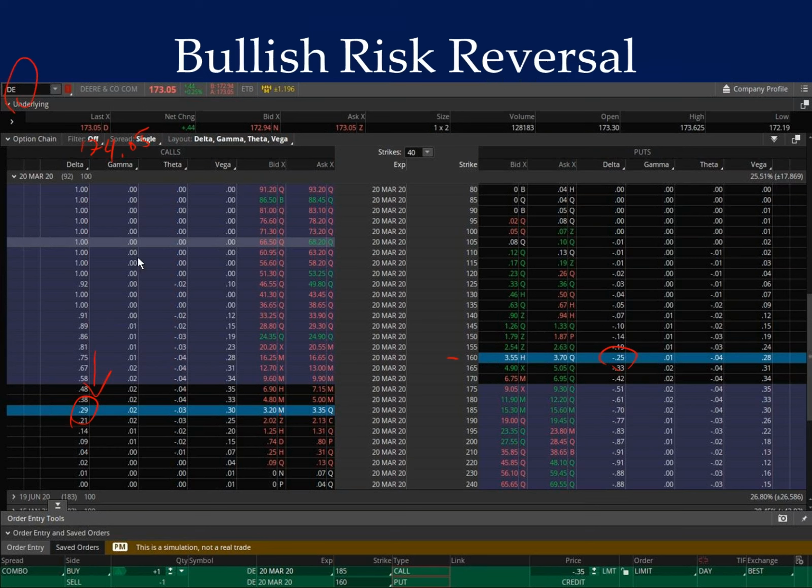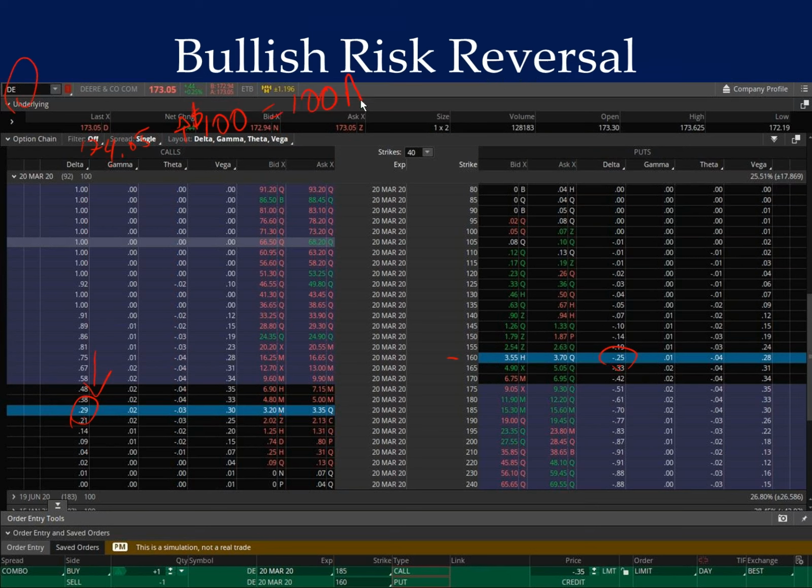So if we had that dollar move higher, we would have this 29 delta helping us and this 25 delta helping us. So we would get an adjustment of 54 deltas. That's what makes it equivalent to like a 50 lot in the underlying, right? If we bought 100 of these and it increased by $1, well, we would have gone up by $100, if it was equal to 100 deltas.